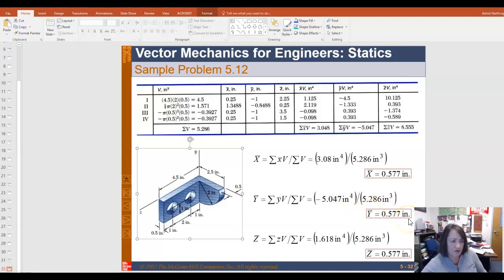So this value is incorrect. I will correct that on the slide and I'll post it up, but y-bar is negative 0.9547 inches. All right, so when you refer to this on our Moodle page, you'll see that I've corrected that value, and everything else works according to Hoyle, so we should be good to go.